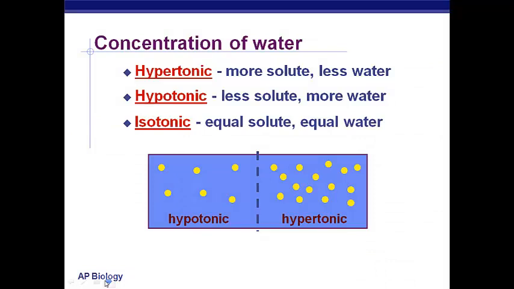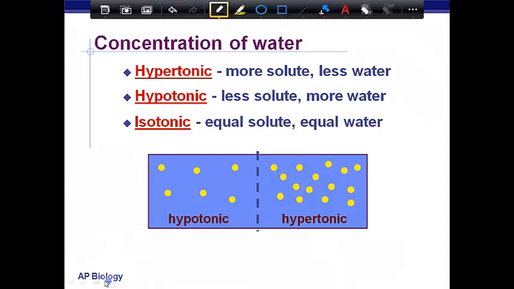Now, if we were to even out the amount of water on each side, we would call our situation or condition isotonic. Equal amount of solute and water on both sides. Now that doesn't necessarily mean the molecules, like in this example, the yellow molecules would be even, because we're going to assume those yellow molecules can't move. They're stuck where they are on one side of the membrane. But we could move water back and forth.